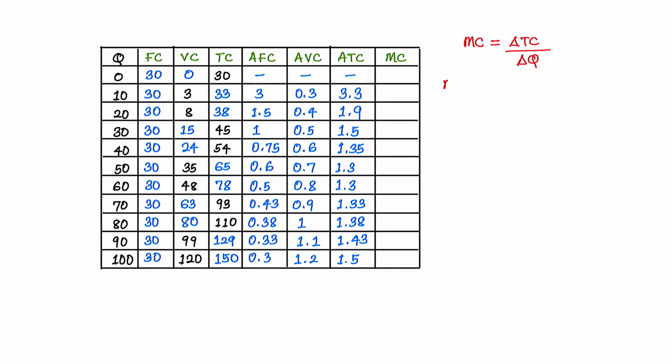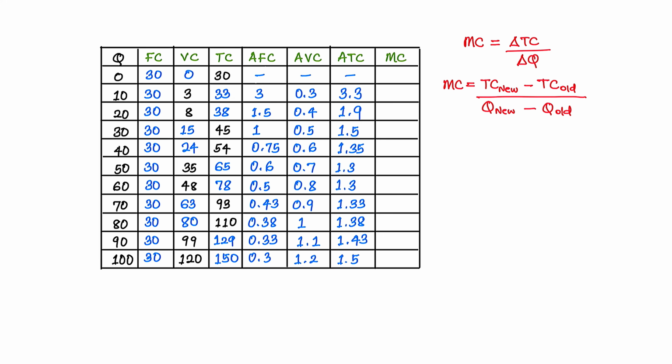This simply means the marginal cost equals change in total cost, which is the new total cost minus the old value of the total cost, divided by the new quantity minus the old quantity. So the numerator here will give us the change in total cost. The denominator will give us the change in the quantity.